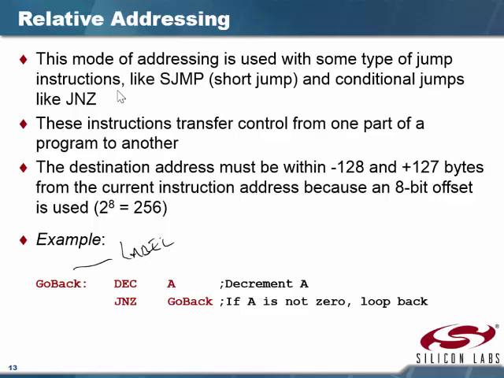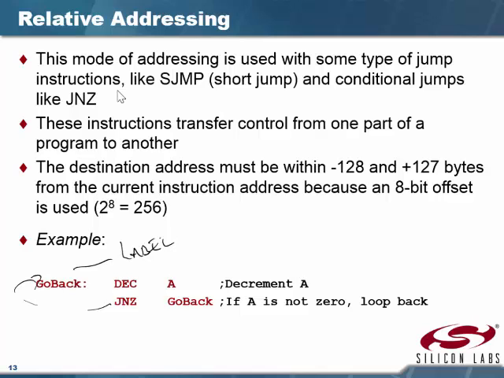In other words, go back is not a reserved word. The programmer made that term up. This simply says jump, if not zero, back to this location. Now the assembler will replace that with minus 1.